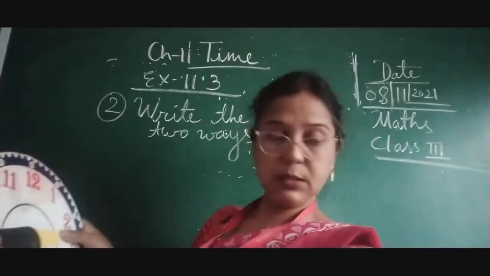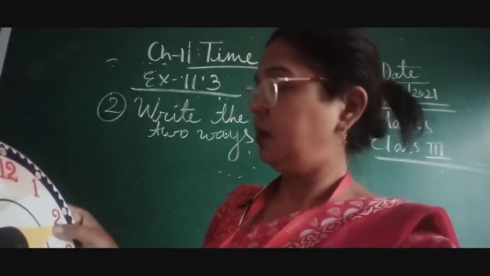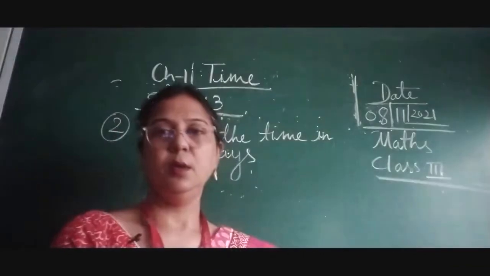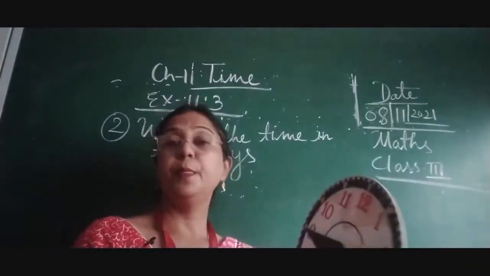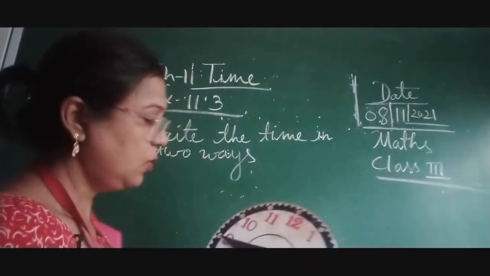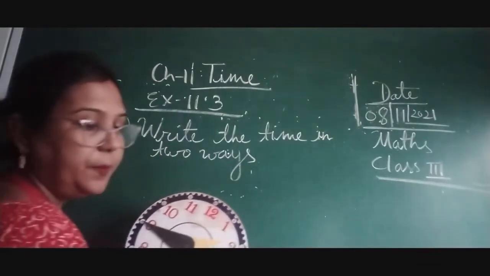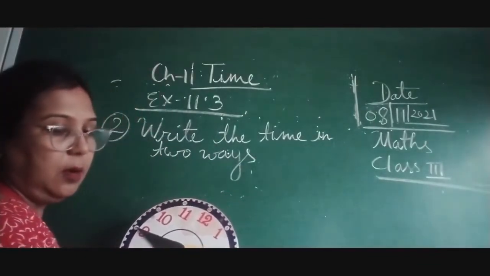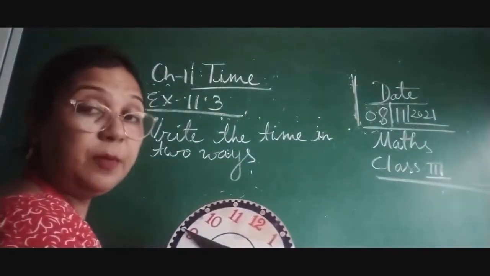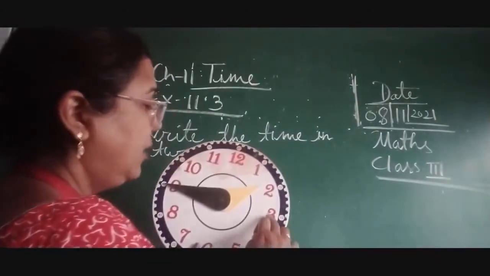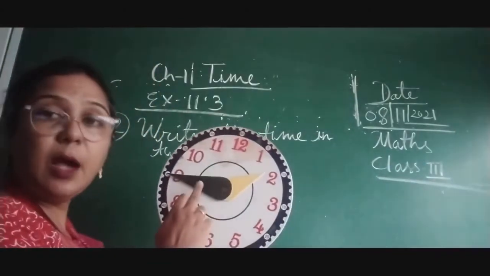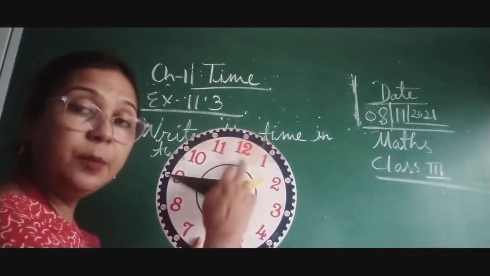Okay, this is in between 1 and 2. So children, this is called quarter to 2. Okay, quarter to 2, it means here that is 15 minutes left. 15 minutes, or you can say 45 minutes are left to become 2.